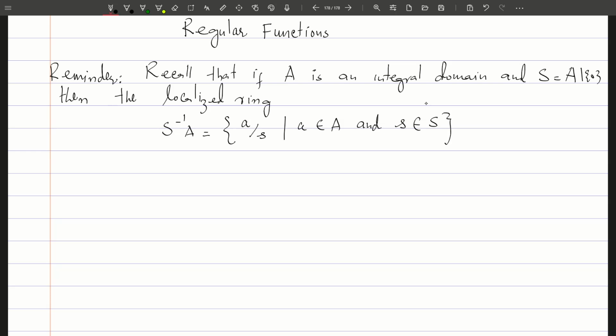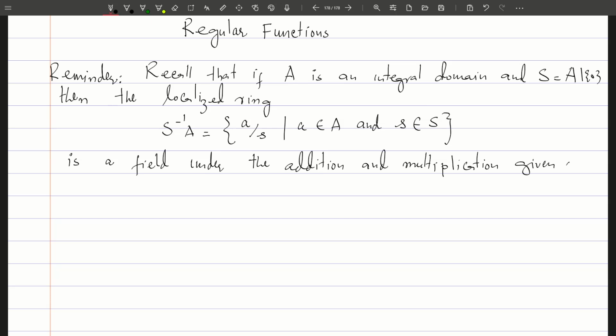So this ring is a field under the operations of addition and multiplication, given as follows.